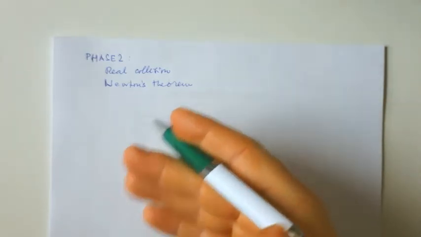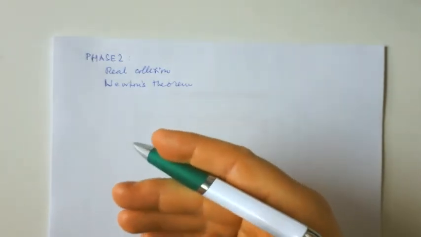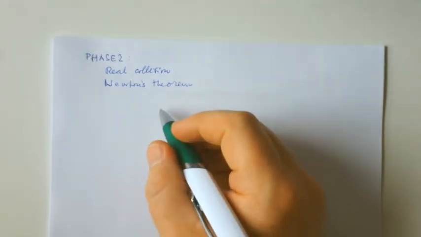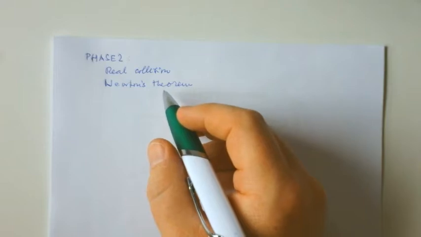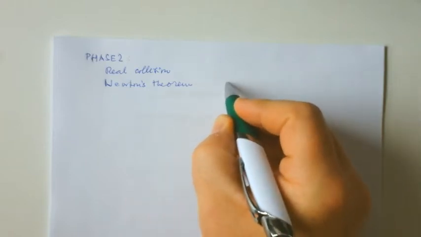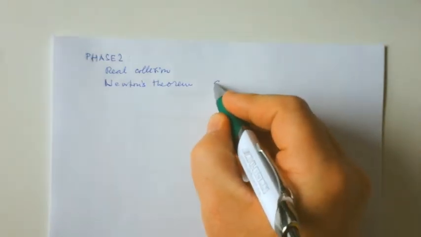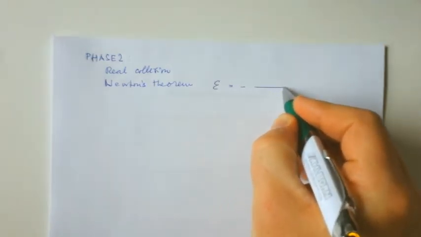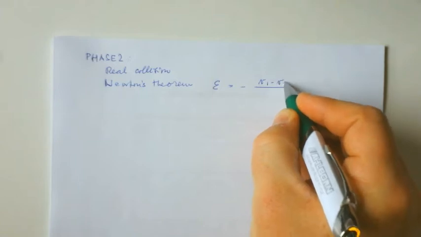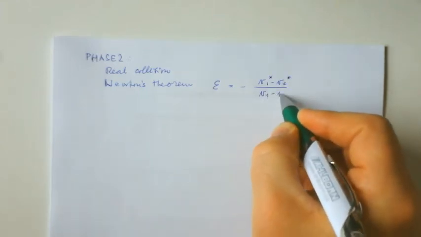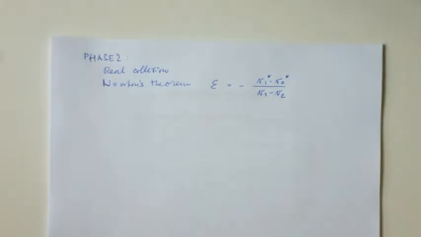It's shown in the theory, so I will not write it again, but I only emphasize that Newton's theorem is epsilon equals minus (v1 minus v2) after collision over (v1 minus v2) before collision.